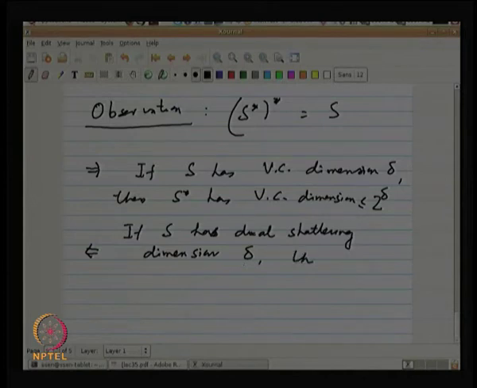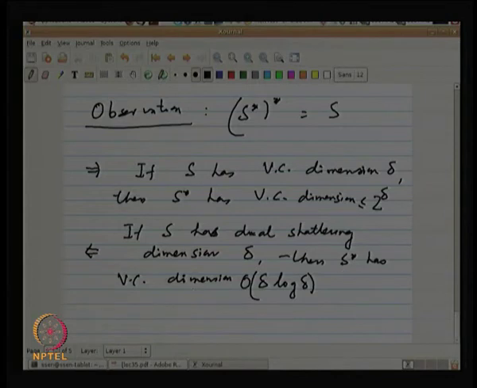Then S star has VC dimension, so what is the relationship between shattering dimension and VC dimension? VC dimension is bounded by d times log d, right. So, maybe I should write delta log delta, right.